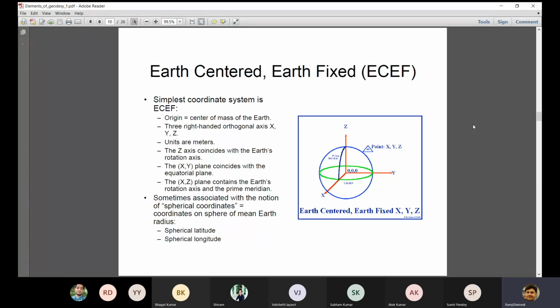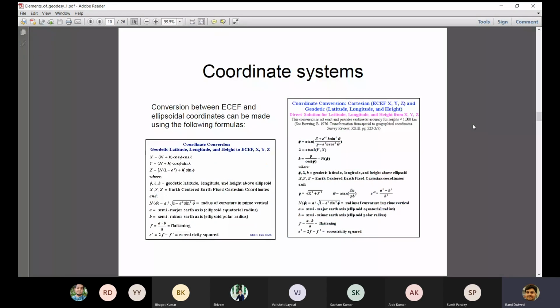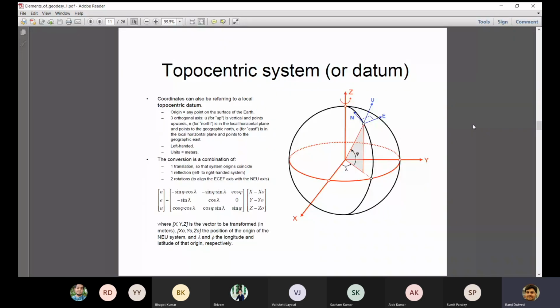So quickly move on to coordinate system transformation. That is your lab one, which I think you have already started working on. Then the topocentric system or a datum. Sometimes people who have this global coordinates understanding are a little poor in terms of local implementation. So people thought we should have a topocentric system also.